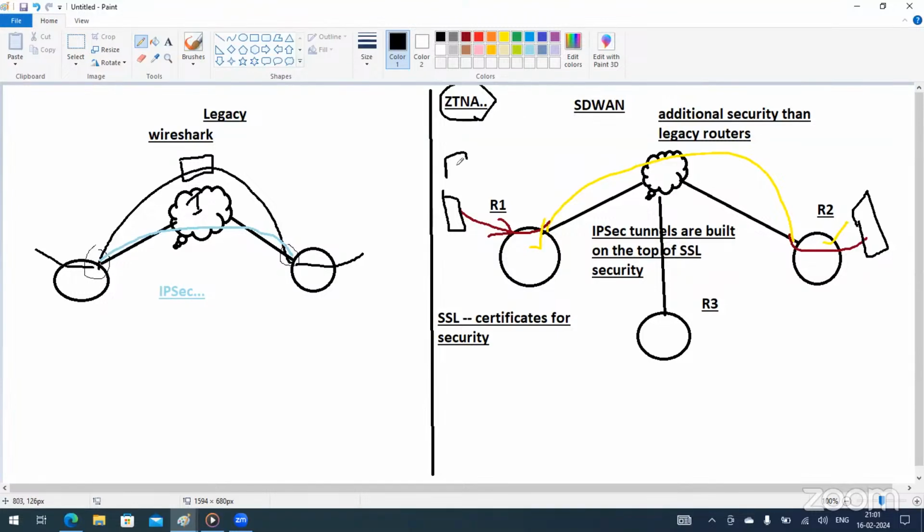If this is a PC behind R1, this is server behind R2, they cannot communicate if this IPsec tunnel is not there. If we have this IPsec tunnel with additional SSL security, nobody can look at our actual traffic type. Reason? Because using IPsec tunnel, our actual traffic would be encrypted.